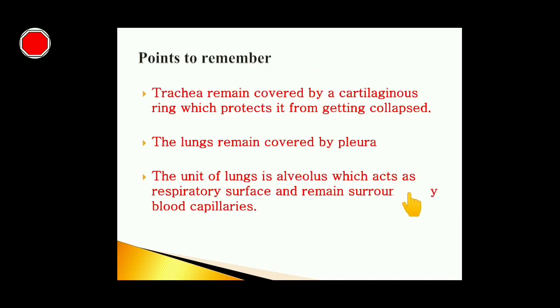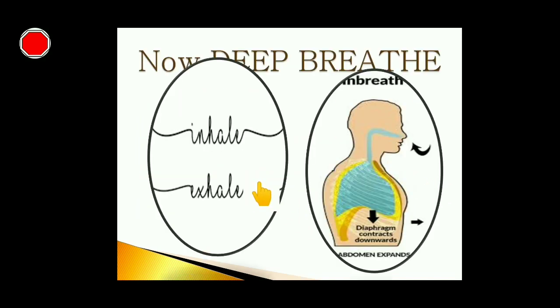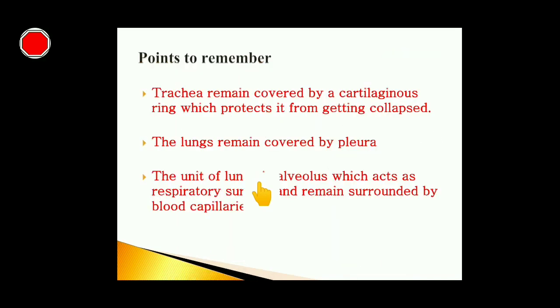Okay, a few important points we have discussed till now are: trachea remains covered by cartilaginous rings which protect it from collapsing. The lungs remain covered by a membrane which is also called pleura, along with the rib cage. The unit of lungs is the alveolus, which acts as respiratory surface and remains surrounded by blood capillaries.